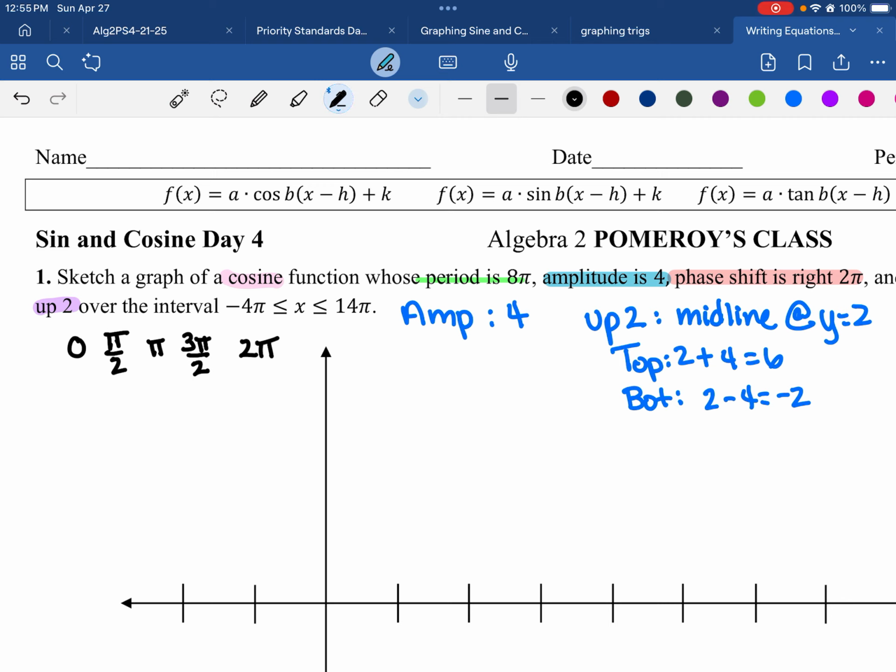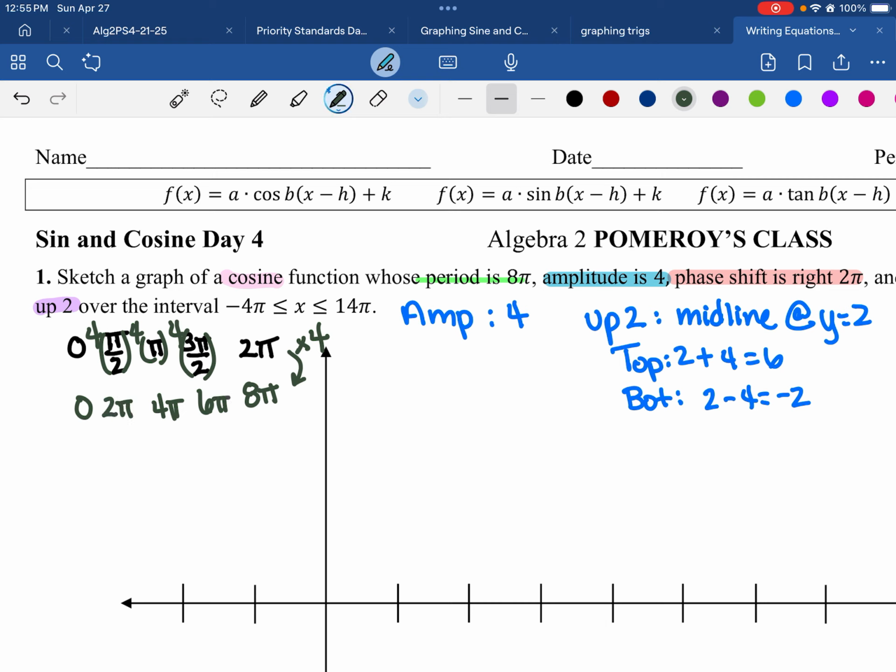You can write down what your new period is, which on the bottom would be 8 pi, and ask how did 2 pi become that? Which means I took everything times 4. So then you could write down your new numbers, and if I take everything times 4, that would give me 4 pi, 6 pi, and 2 pi.